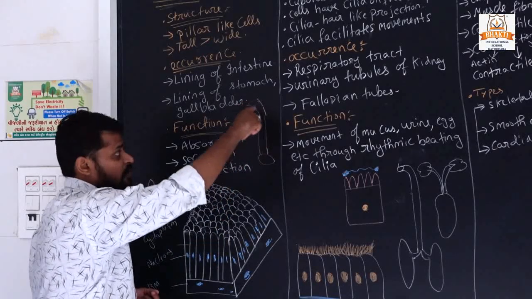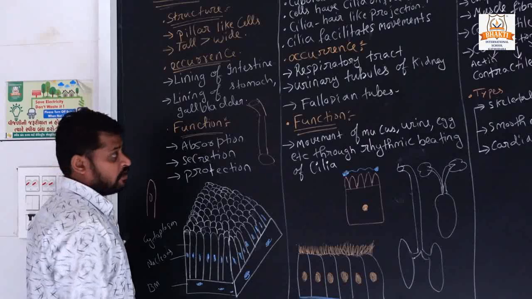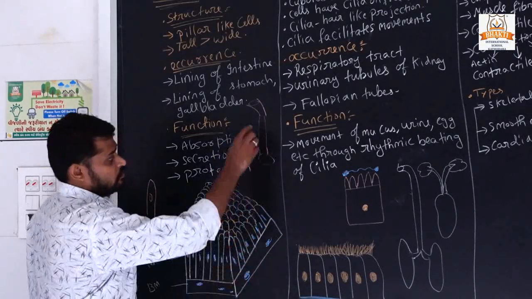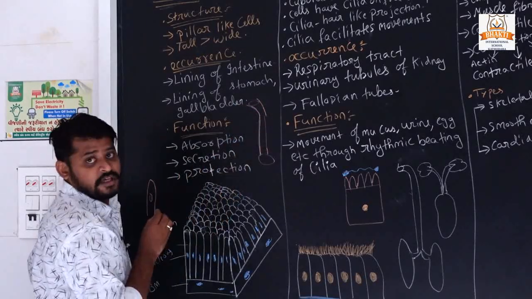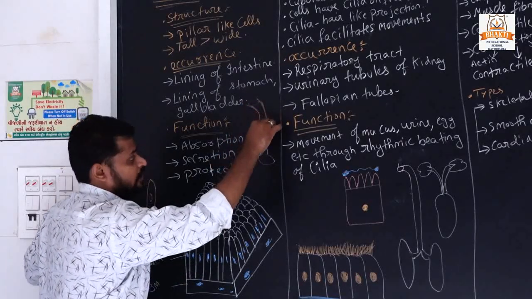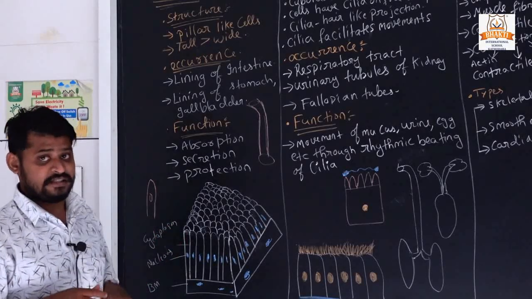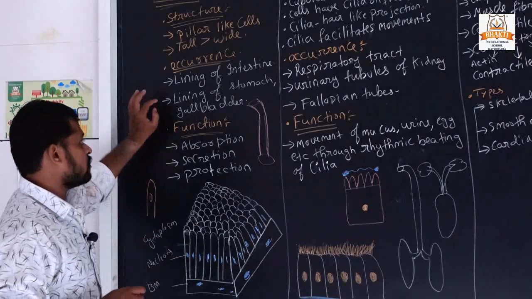The path between the mouth and the stomach is called the oesophagus. If I coat the oesophagus from inside, it is called lining. If we coat the oesophagus from outside, it is called covering. Anything coated inside is lining, anything coated outside is covering. So understand what lining is.